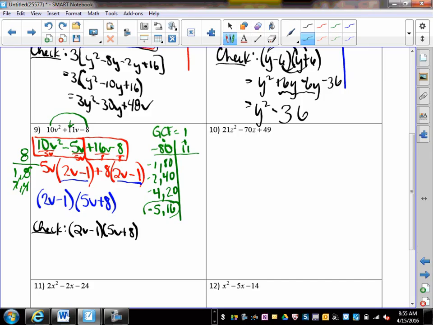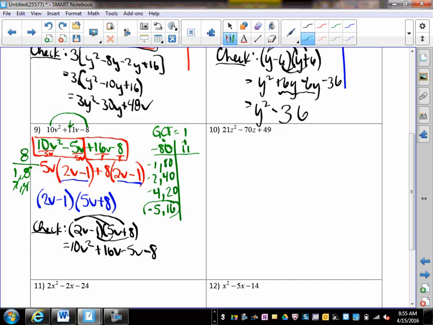Okay, 10b squared. Oh wow, you're fast. Okay, hold on. 10b squared. Okay, we got the first step. What's next? 16b. We have 16b. Minus 5b.